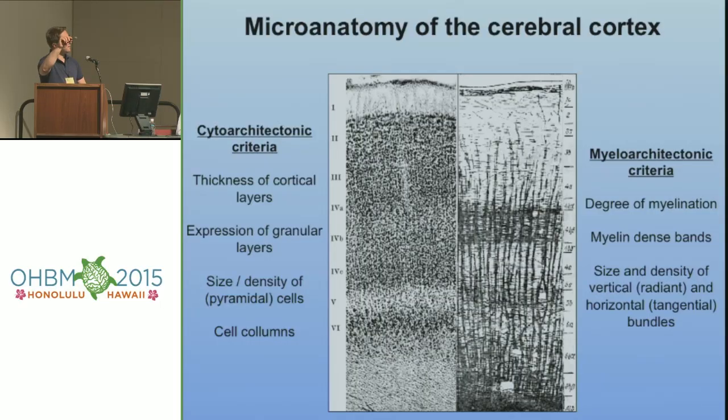Cyto-architecture, and you see a sort of prototypical plot here on the left side, is based on staining cell bodies, nerve cell bodies, and then describing properties of the nerve cell distribution across the cerebral cortex. So here we would have the pial surface, so here that would be the CSF, and you go down the cortex and here into the white matter.